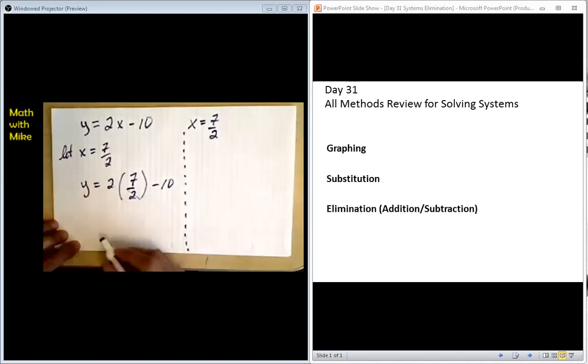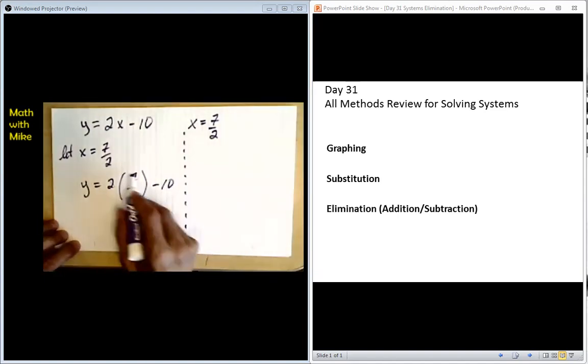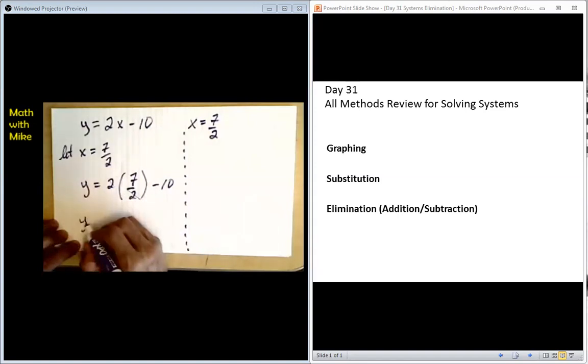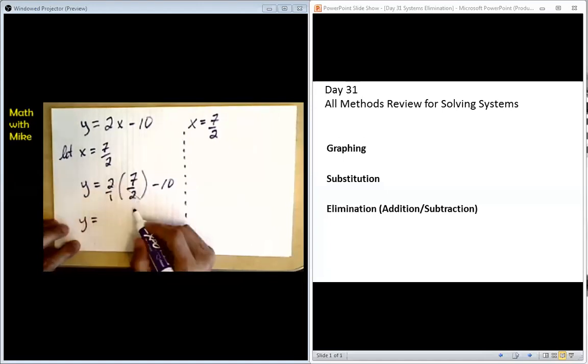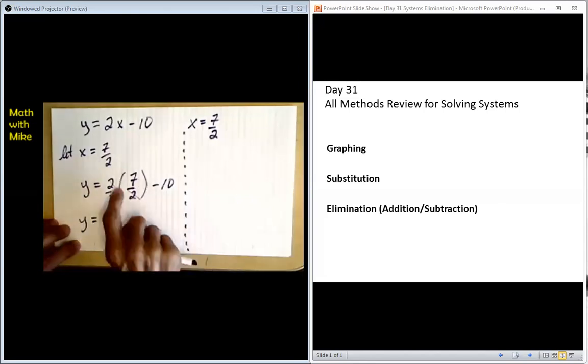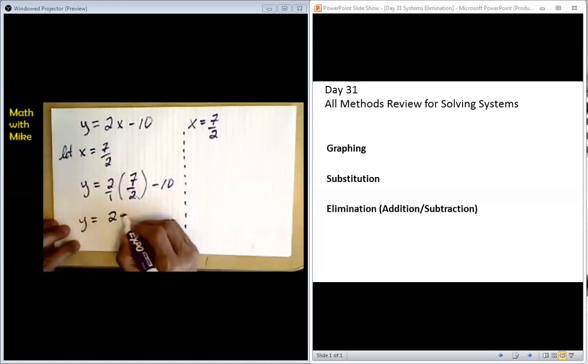So maybe I'll show you what happens and give more of a reason why this happens. Watch. This is a fraction over an invisible 1. How do you multiply fractions? Top times the top, and bottom times the bottom. Instead of working it out, we're just going to show it.